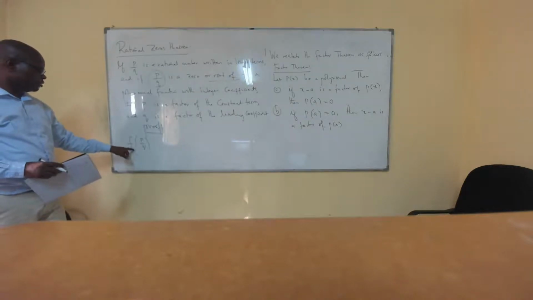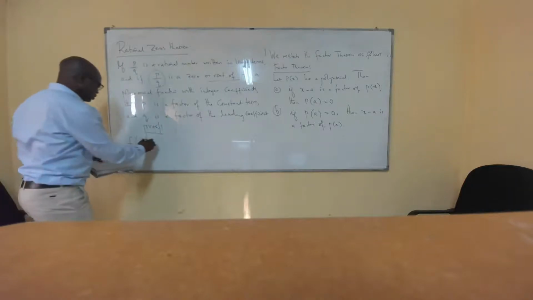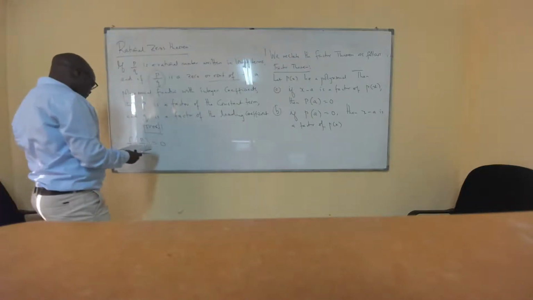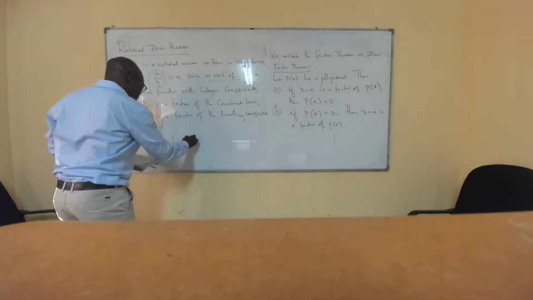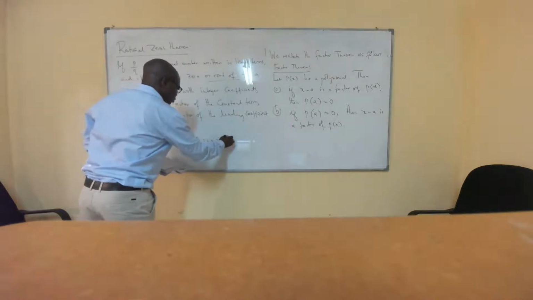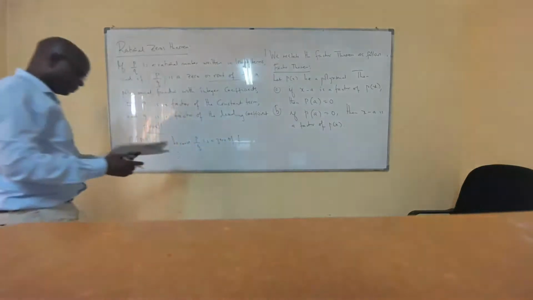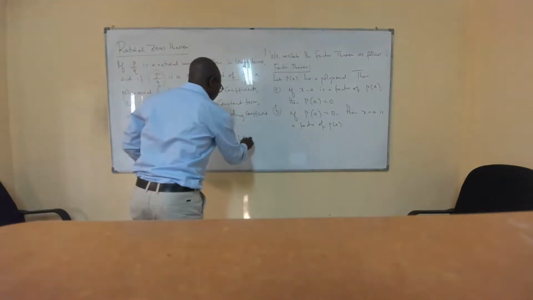It means when f is evaluated at that number, the result is zero. The justification is that p over q is a zero of f of x.